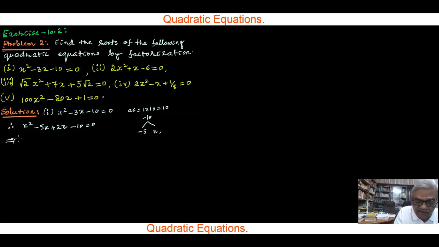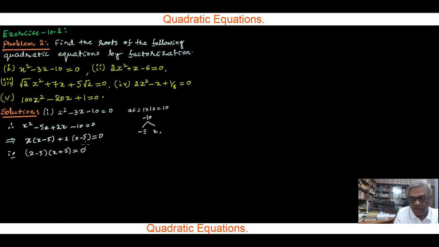This implies x into bracket x minus 5 plus 2 into bracket x minus 5 is equal to 0. That is, I can write x minus 5 into x plus 2 equal to 0.